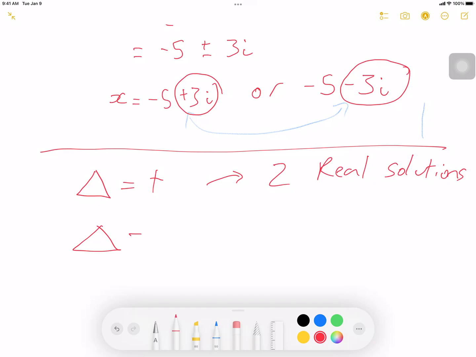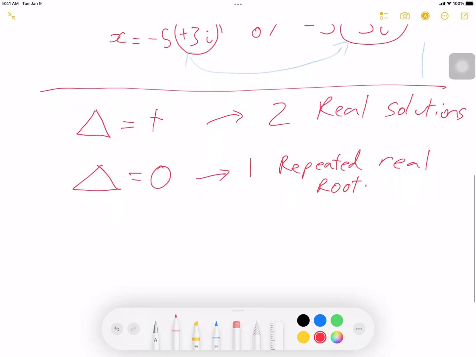If our discriminant is 0, then we get one repeated real root. Let's say that root was 3, then one of my brackets when I factorize would have to be x minus 3.